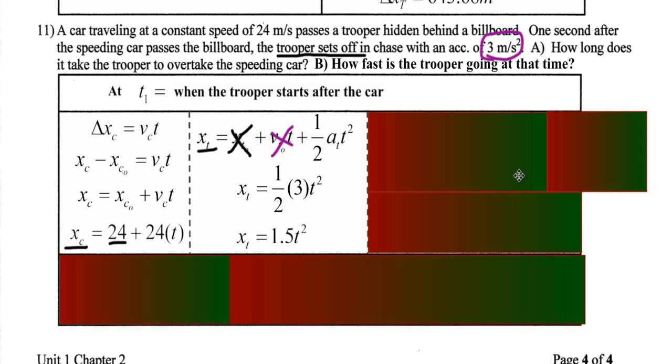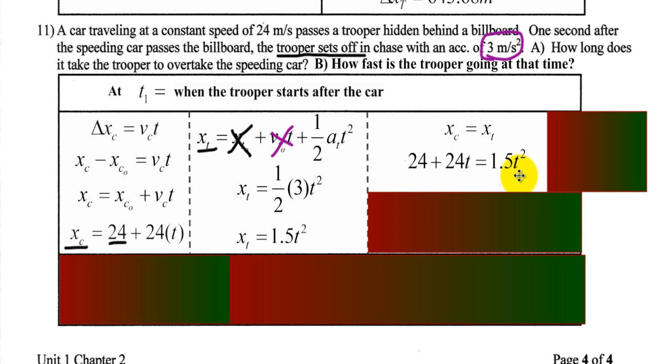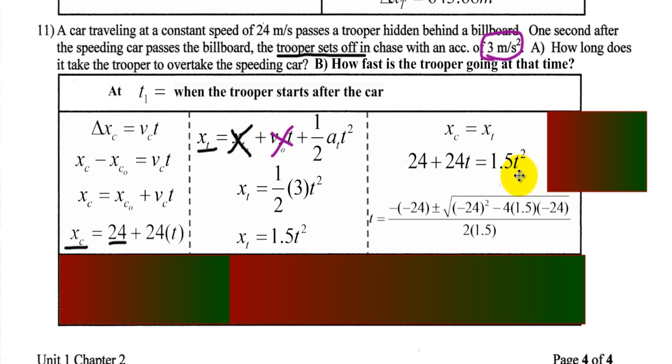So both xt and xc are equal to each other, therefore we can set them equal to each other. So the 24 plus 24t is for the car, the 1.5t squared is for the trooper, and we can go through, right? We've got a t squared, a t, and a 24 using the quadratic equation.